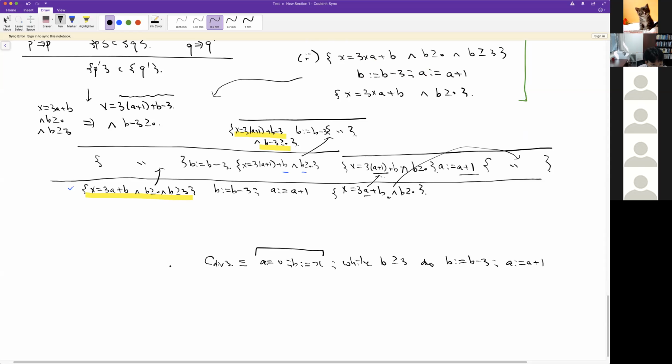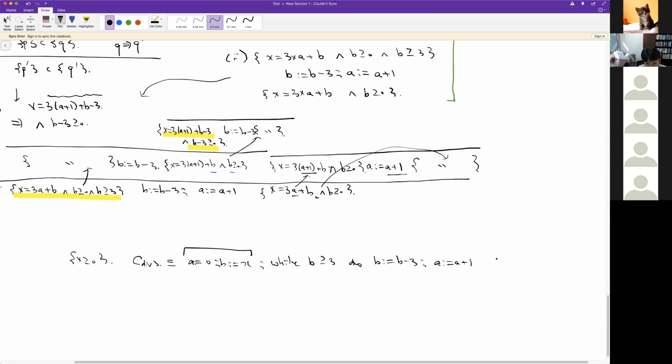So then the specification was: if X is greater than or equal to 0, then the post condition was that we want X to be 3A plus B, and B is between 0 and 3 without including 3. But let's write down the post condition without abbreviation at all.